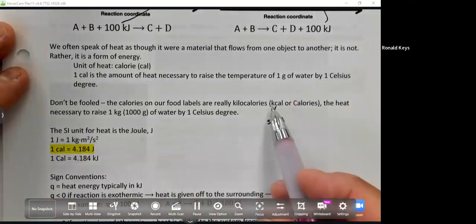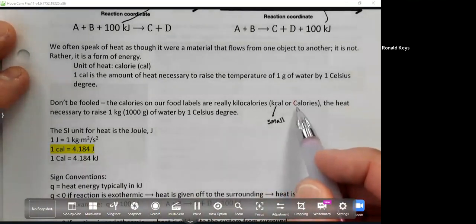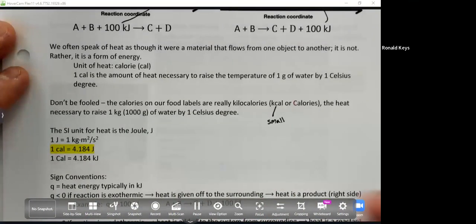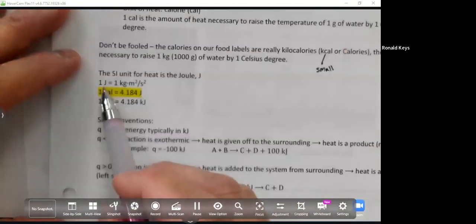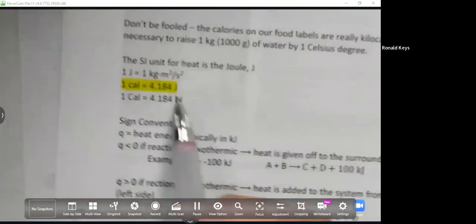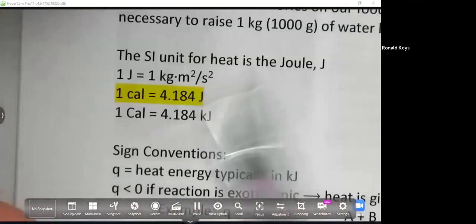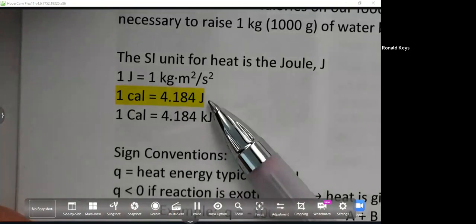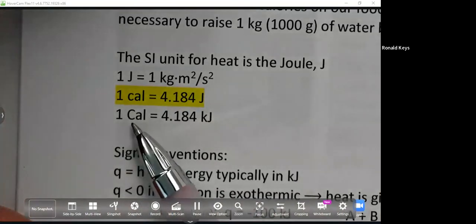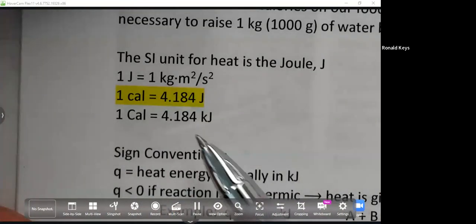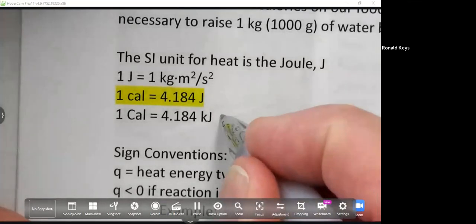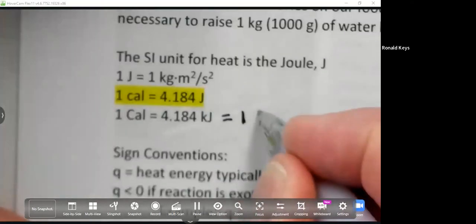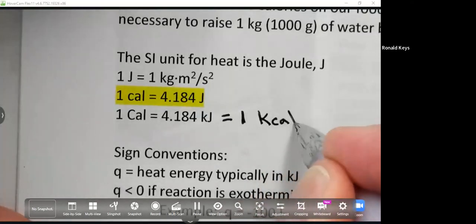Food calories are in kilocalories, or we say it's a big C calorie. SI unit of heat is the joule. So 1 joule, we looked at this previously. It's 1 kilogram times meter squared over second squared, or a calorie is 4.184 joules, or a big C calorie is equal to 4.184 kilojoules. It could also be a kilocalorie, small c calorie.